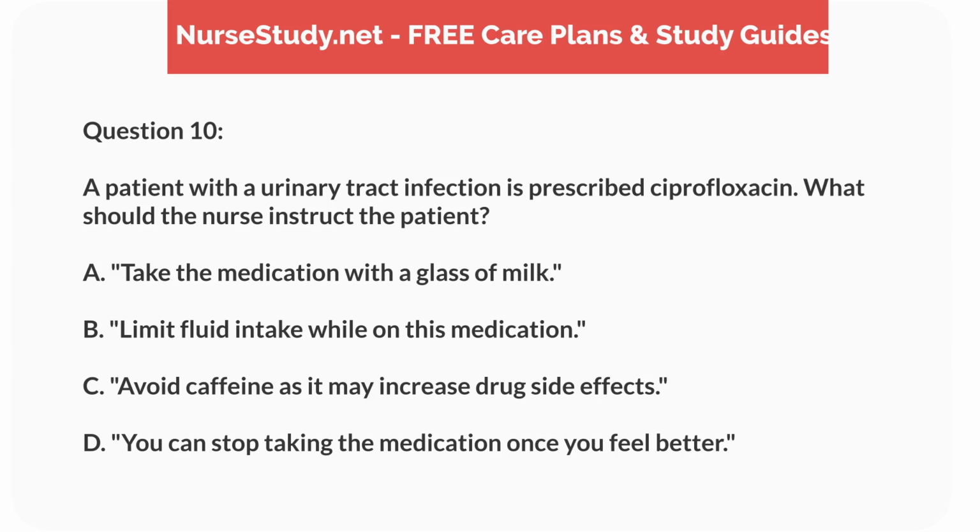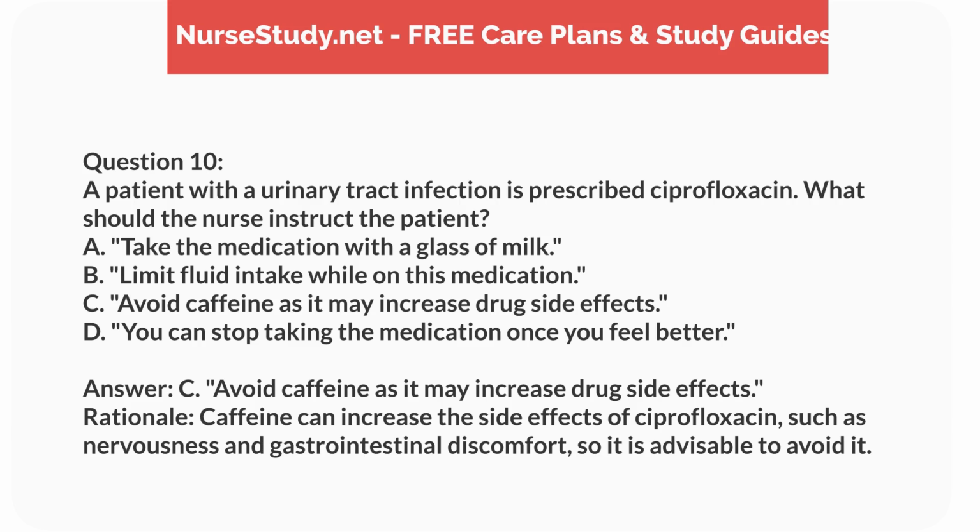Question 10. A patient with a urinary tract infection is prescribed ciprofloxacin. What should the nurse instruct the patient? A. Take the medication with a glass of milk. B. Limit fluid intake while on this medication. C. Avoid caffeine as it may increase drug side effects. D. You can stop taking the medication once you feel better.